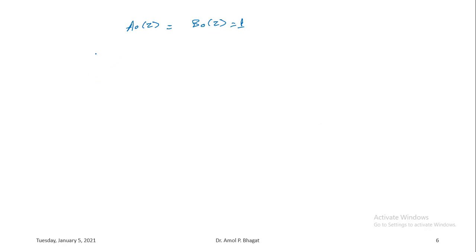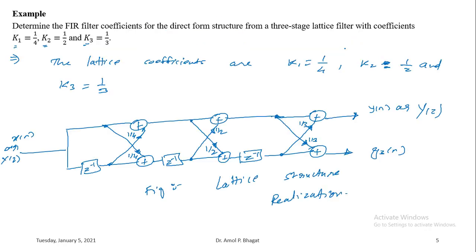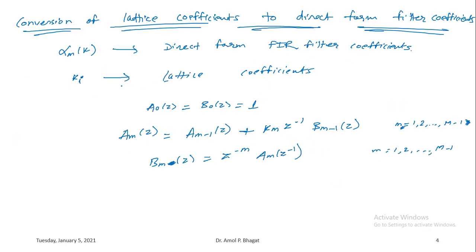Correct, because you have am of z is equal to am minus 1 of z plus km z inverse bm minus 1 of z, right? So this equation I am writing here.